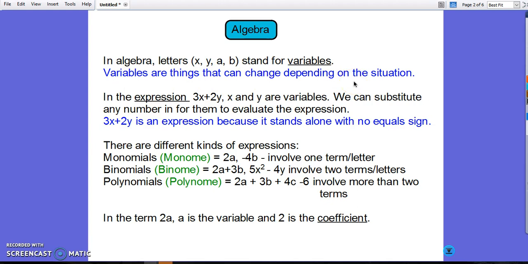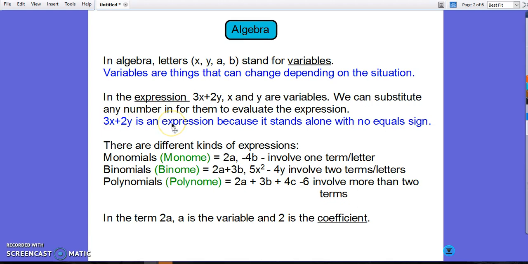So to show you how this works, we need to start talking about expressions. In the expression 3x plus 2y, x and y are variables. We can substitute any number in for these variables, x and y, to evaluate the expression. So we can change x and y depending on the situation or depending on what we want to investigate.